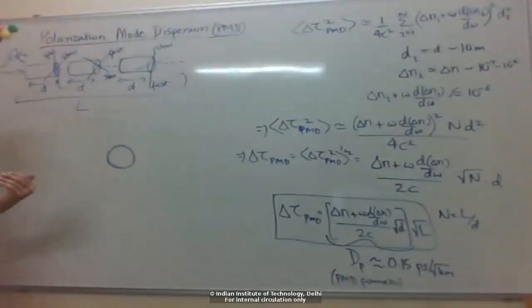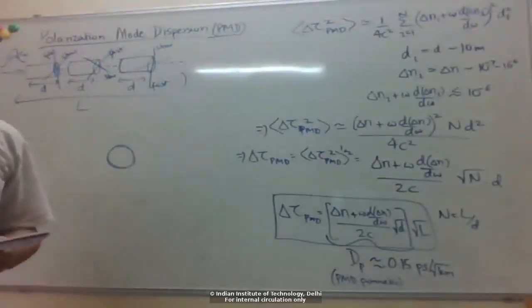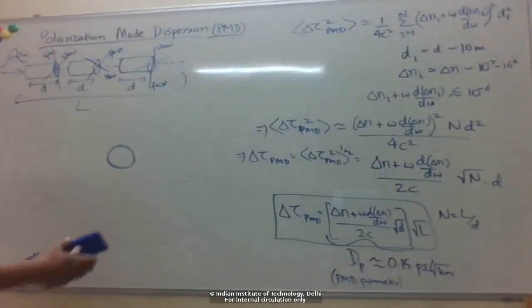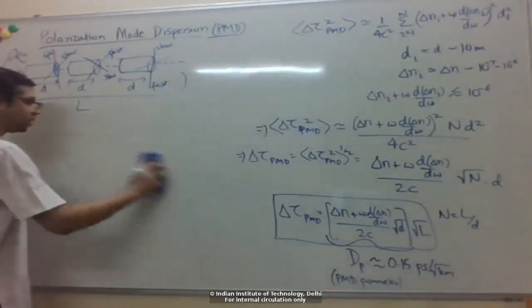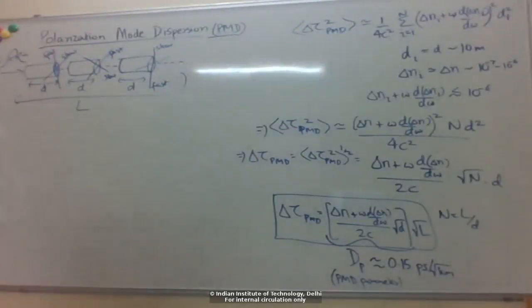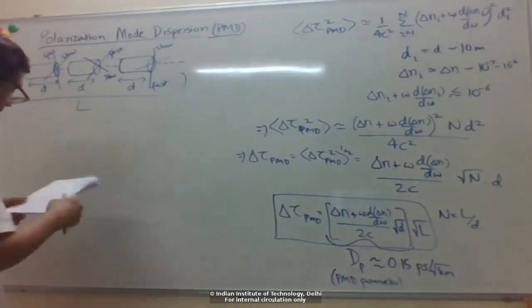So what one can do is use what are known as polarization maintaining fibers, PMFs for short, which deliberately have a non-circular core.